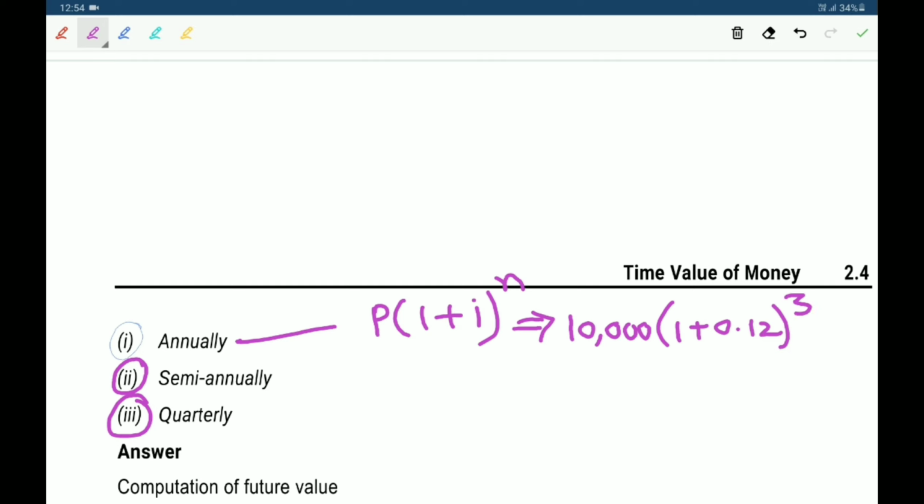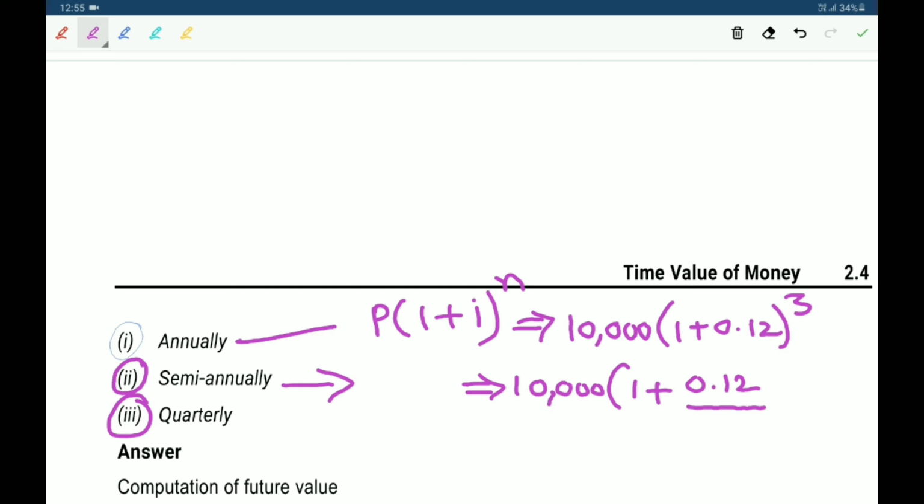Next, semi-annually. Substitute numbers. 10,000 rupees principal amount into 1 plus i. 12% is written as 0.12, this is the interest rate. By semi-annually means how many times in a year compounded?